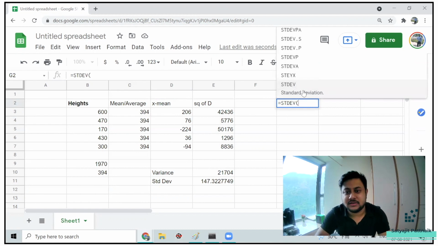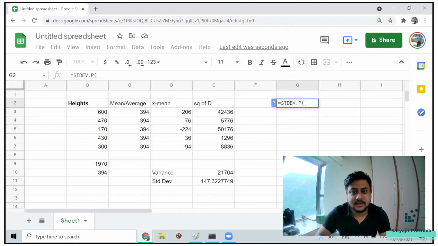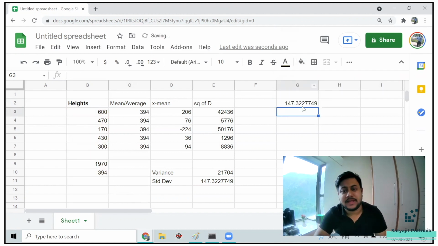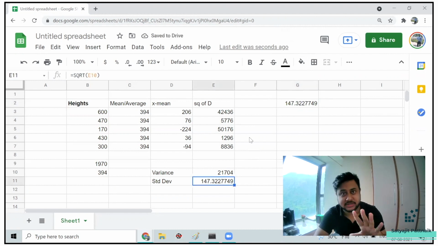There are 2 types of standard deviation, I'll talk about that. We will be using standard deviation for an entire population, and I just select B3 to B7. You can match the numbers. The numbers are matching.